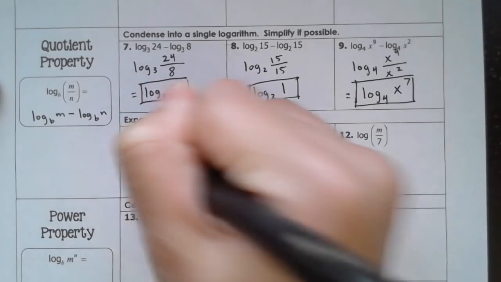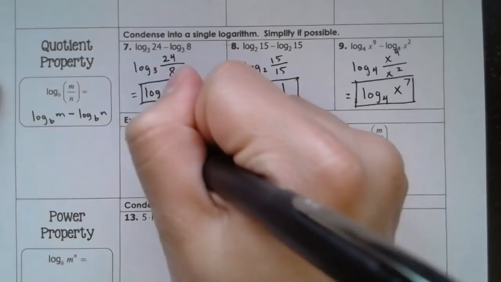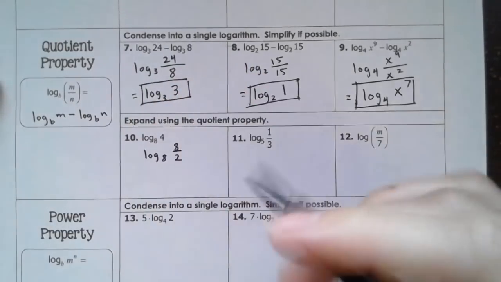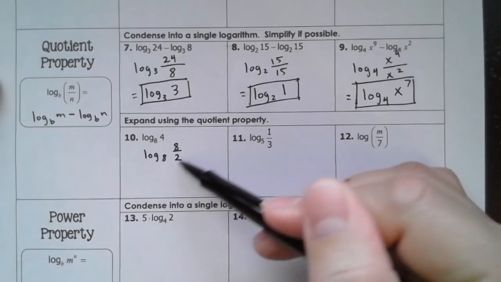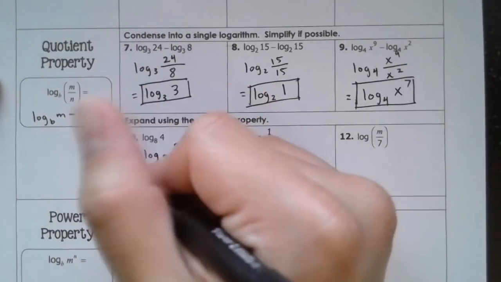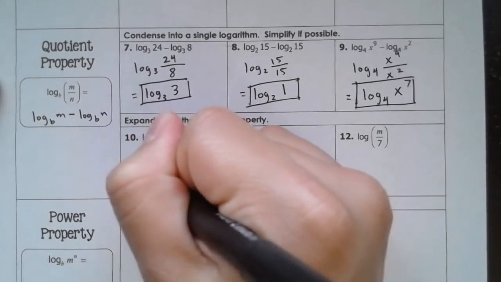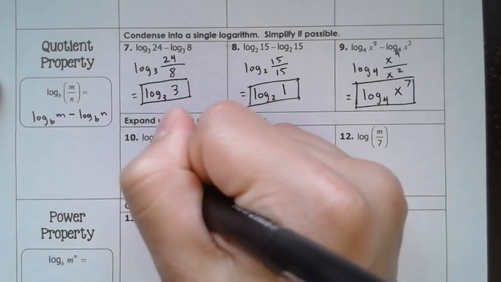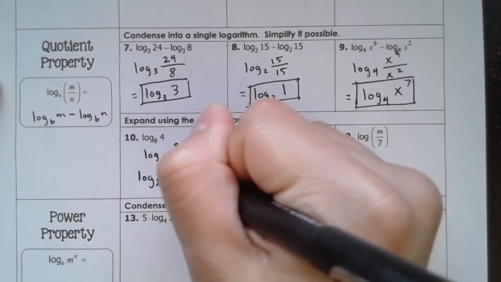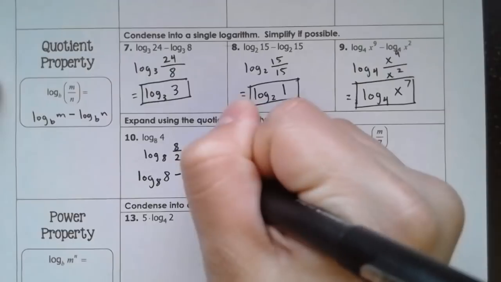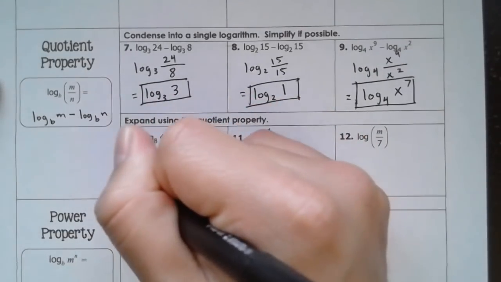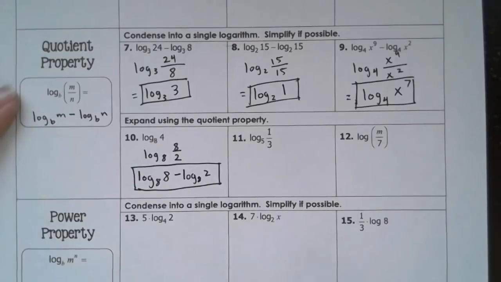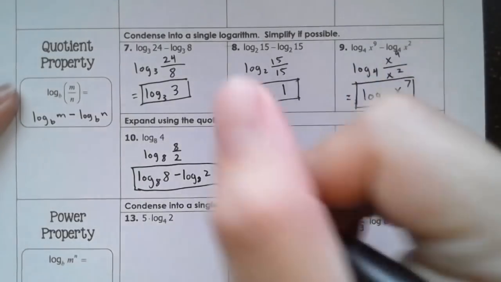So we can just take 8 over 2, and again I'm just rewriting 4 as 8 over 2, and now I can expand this log and apply the quotient property. So I get log base 8 of 8 minus log base 8 of 2, and that's my answer.